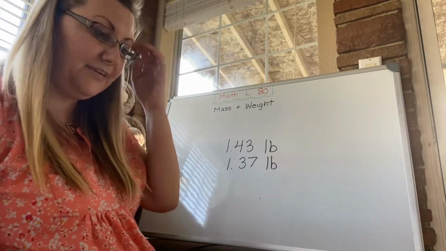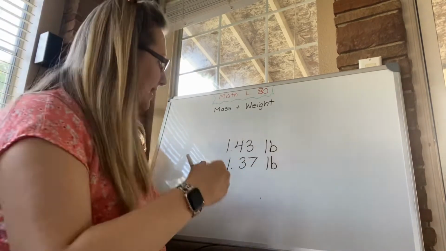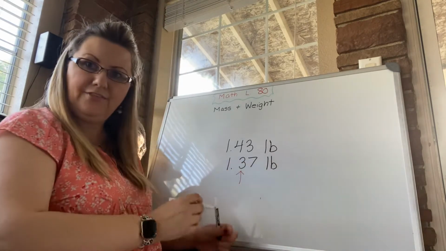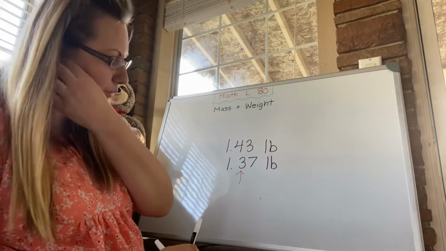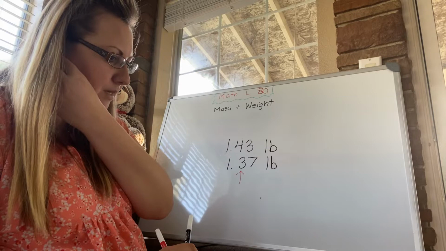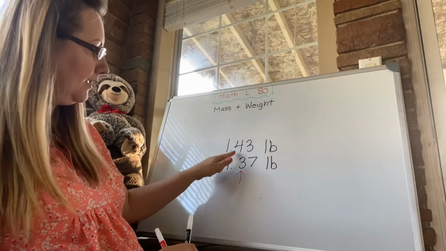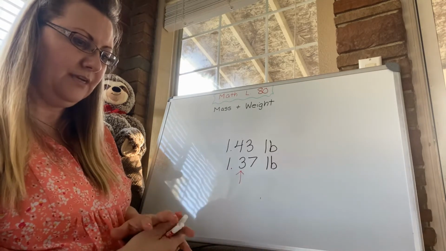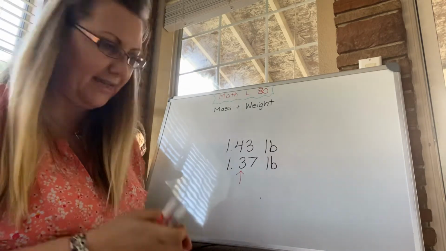And it says, to the nearest tenth of a pound, how much did the salads weigh? Okay, so now we know that this here on both of them is the 10th place. So all we're doing in this problem is that we are going to round each number to the nearest tenth. Okay, and then we're going to add them up to figure out what the total weight of the salads is.